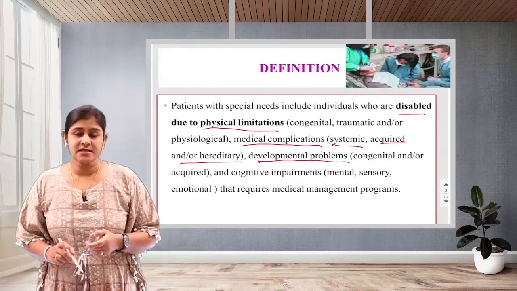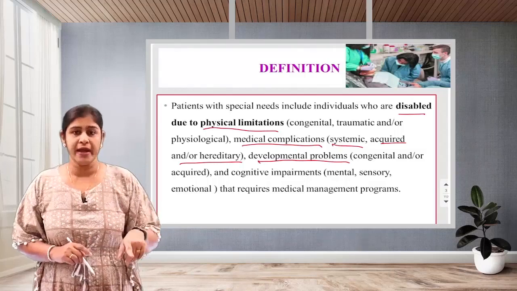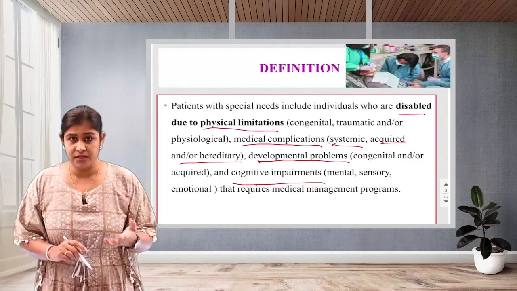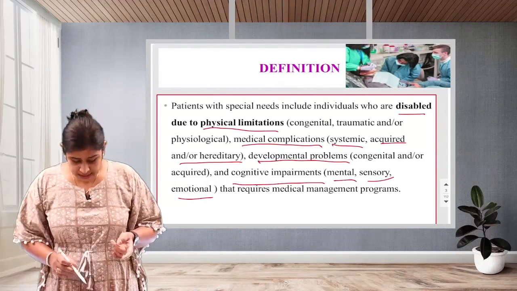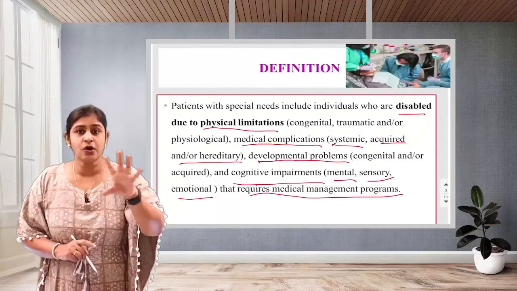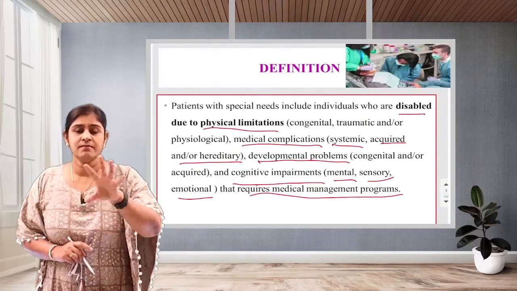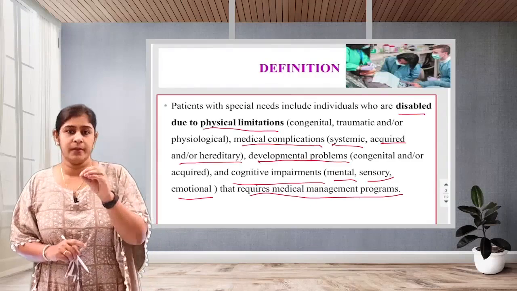Any developmental problem, which includes congenital or acquired. Any cognitive impairment, which includes mental, sensory and emotional, that requires medical management programs. All these situations that come under this criteria are special needs persons.